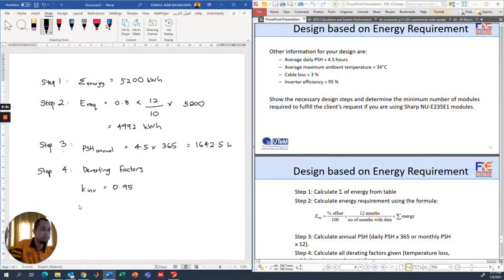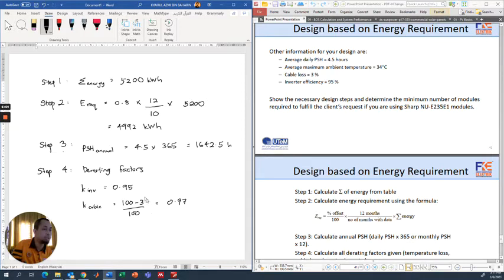For the cable, the cable loss is at 3%. So that means the derating factor, K cable, is equal to 100 minus 3% divided by 100. So you are going to get 0.97.